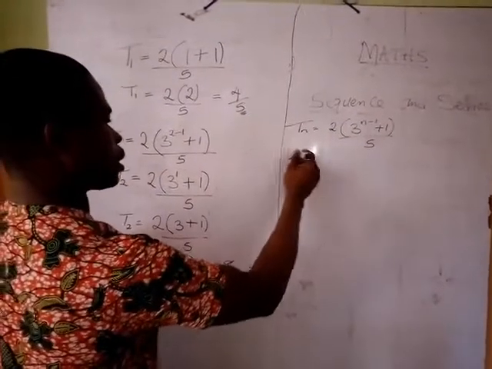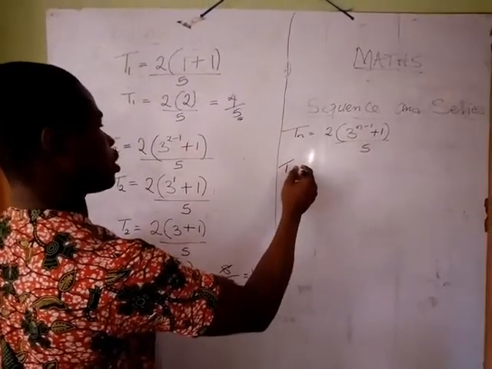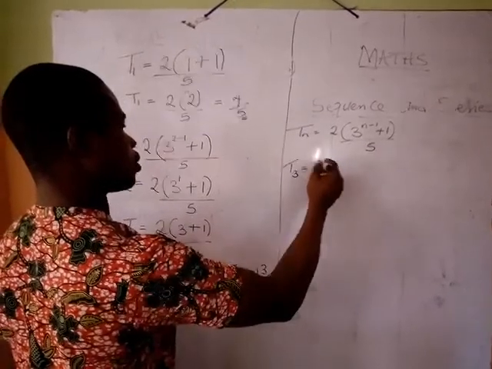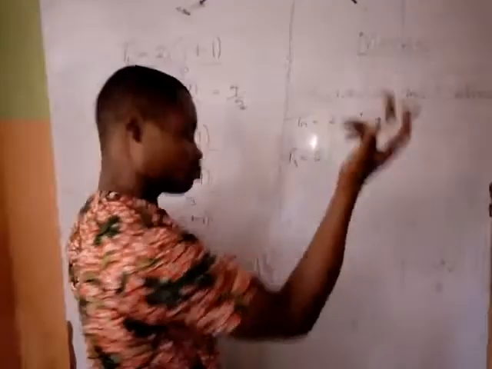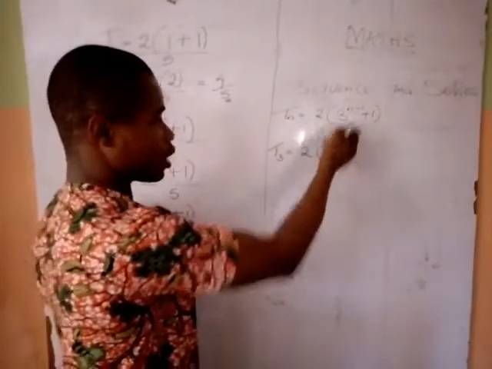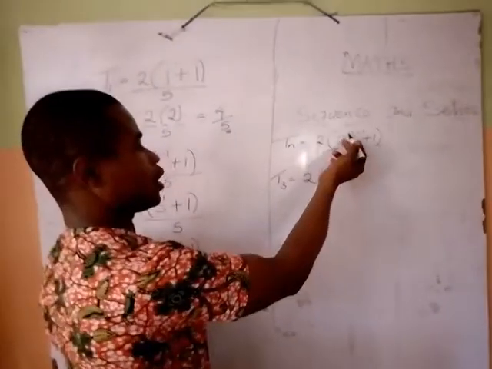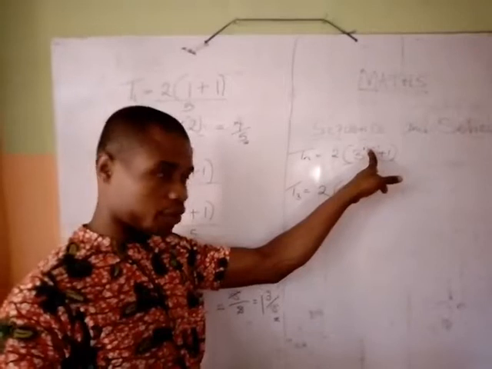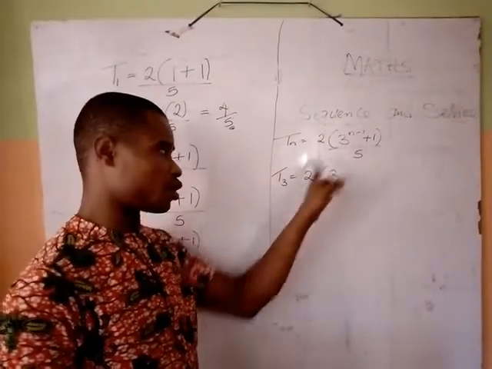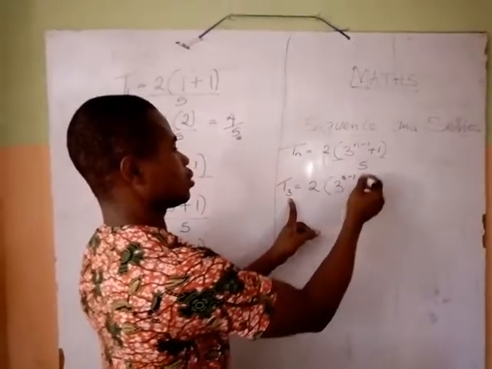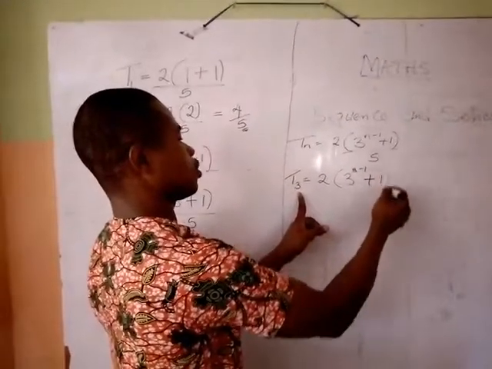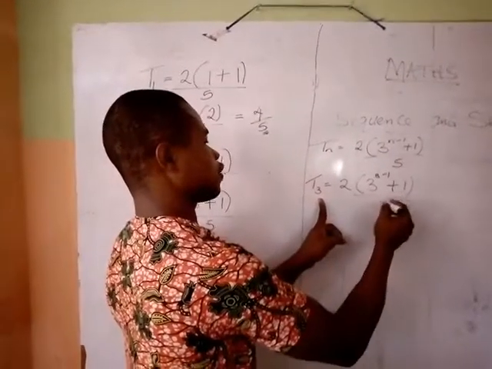Then the T3 of the sequence will be equal to, bring down your 2 outside the bracket, all over 2, then open your bracket, 3 raised to power n, the number of terms. Which number of term are you solving? 3, minus 1 plus 1, close your bracket, all over 5.